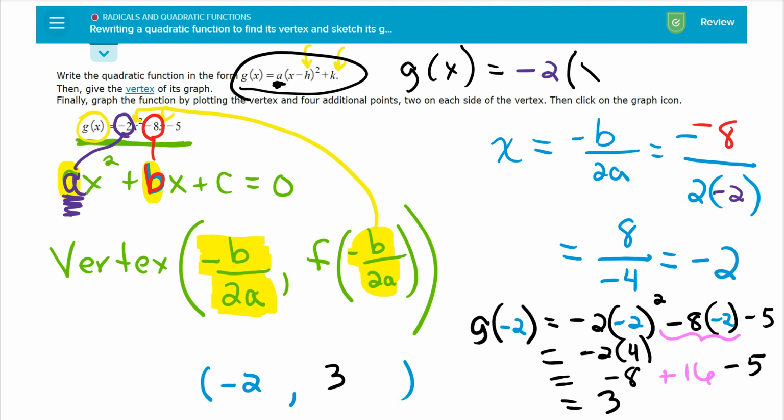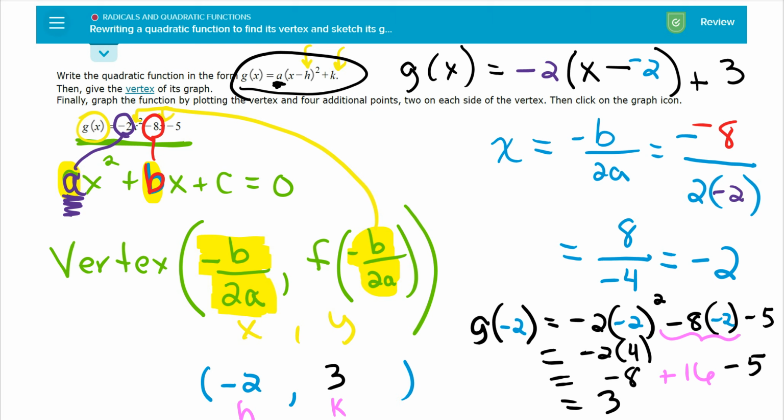And then it's going to be x minus h. When it's in this form, I know earlier I wrote this is the x coordinate, this is the y coordinate. When you're in this form, this is your h and this is your k. So it's x minus h. H is negative 2. And then it's plus k, and k was the 3.